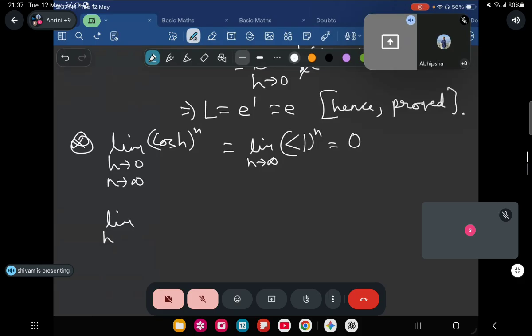Now tell me, what is limit h tends to 0 and n tends to infinity, (sec h) whole to the power n? If you have understood the first one, you must have understood this one as well. Tell me. This will tend to infinity, right?